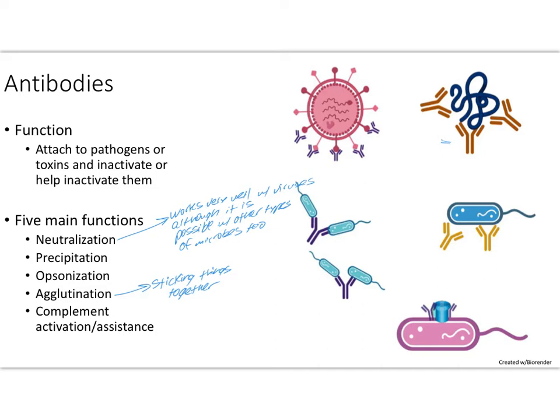And then finally, the last thing that antibodies do to help get rid of microbes is oftentimes they will help with complement activation or help with a complement cascade. So technically the complement cascade is part of the innate immune response, and that is still true. I'm not changing that on this slide at all or anything.